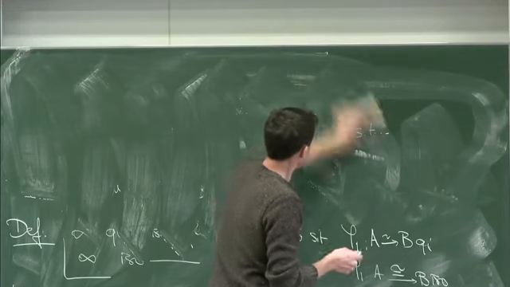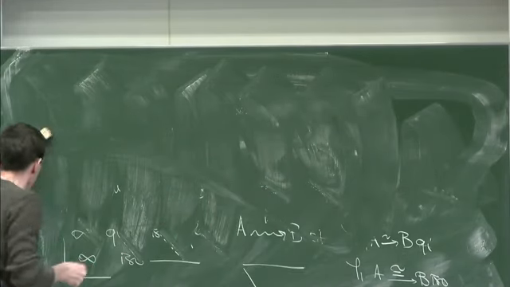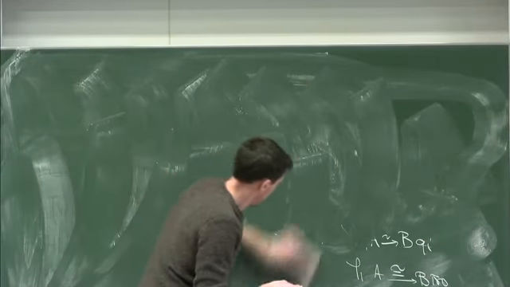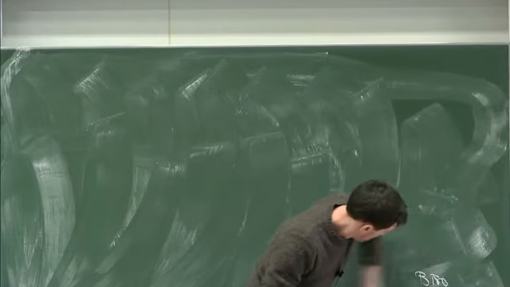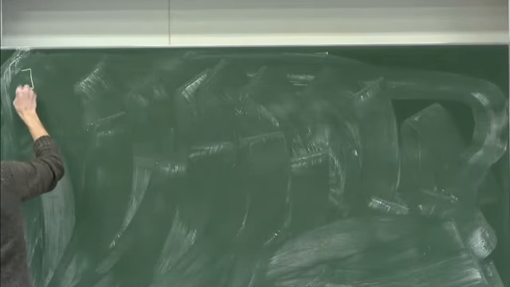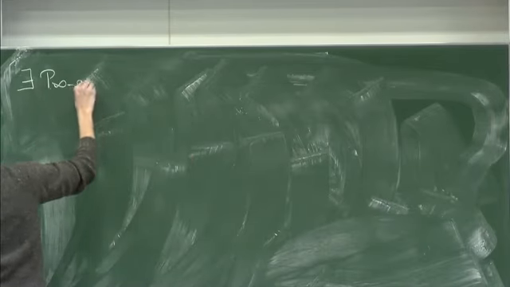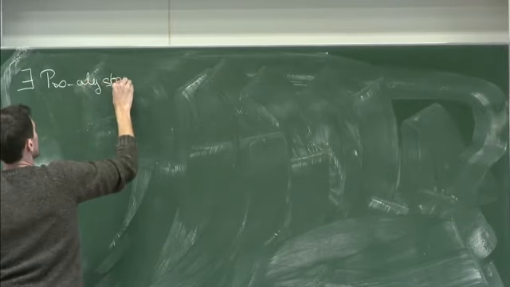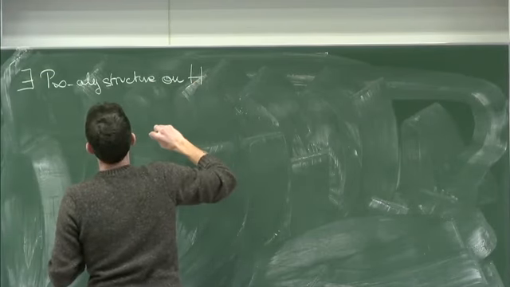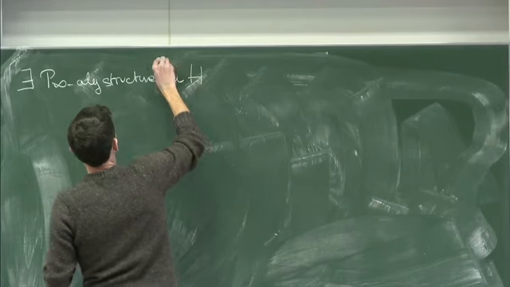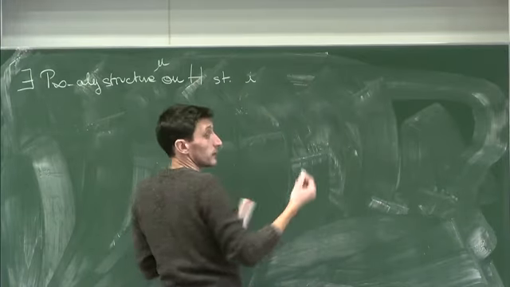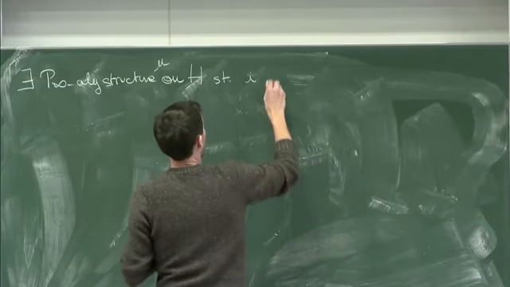Then there exists a P infinity algebra structure on H, let me call it mu, such that I extends to an infinity quasi-isomorphism.